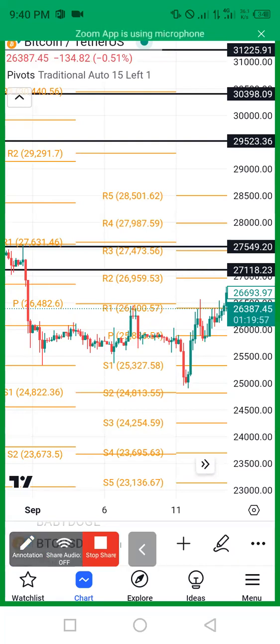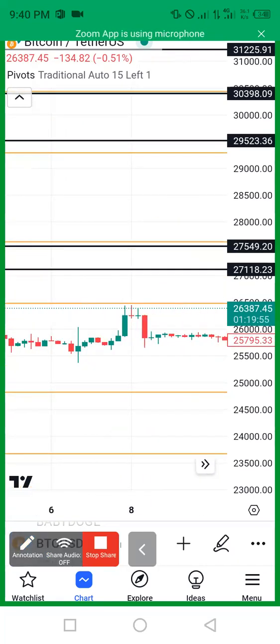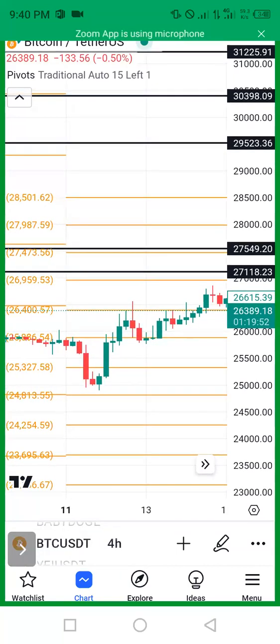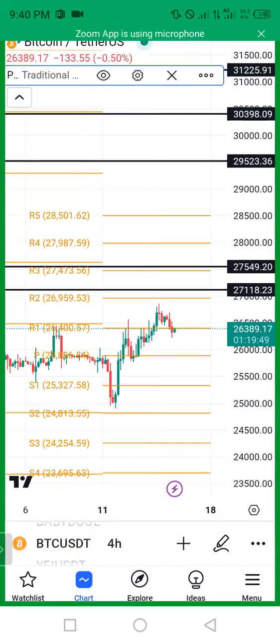Now this one which is on is still moving. That's why you are seeing it is still extending. This is the month of September.